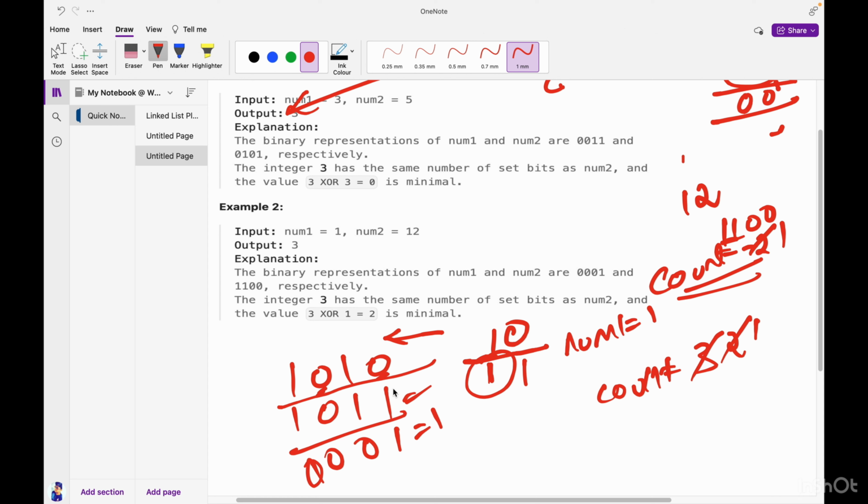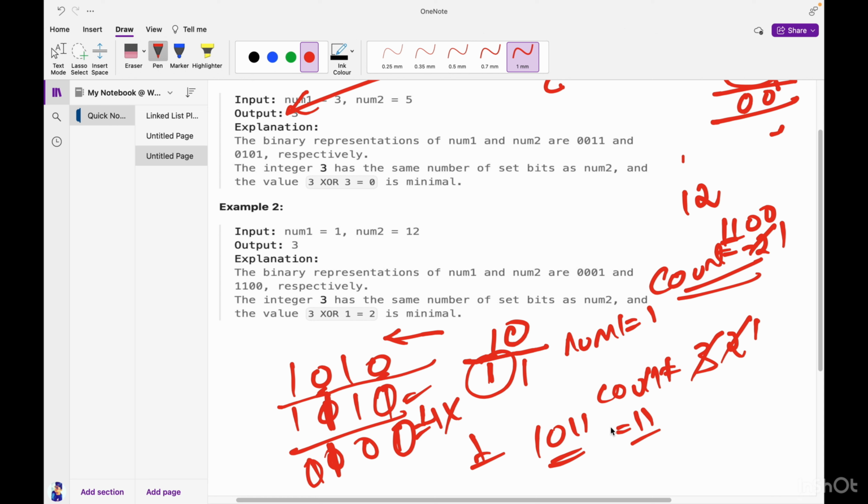But if I had set this bit instead, this would be 0 and this would be 1. It would have given me answer 4, which is not minimal. We have found the minimal, which is 1. So we have to take this answer, which is 1 0 1 1, which is 8 plus 2 plus 1, 11.